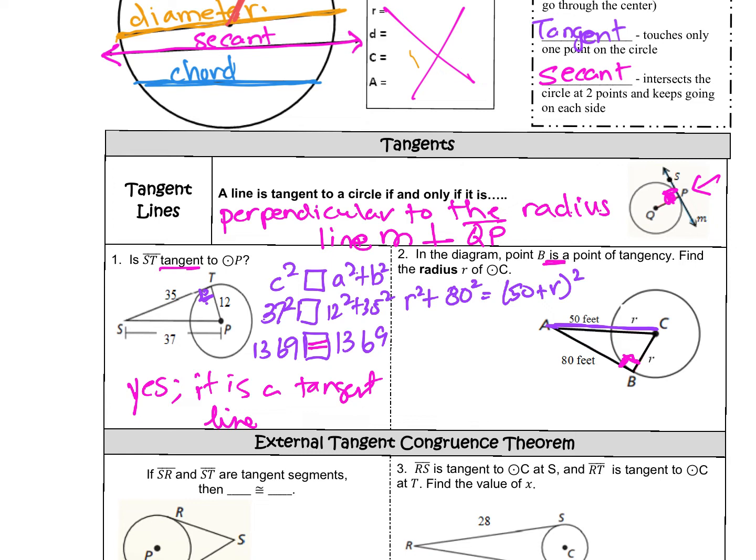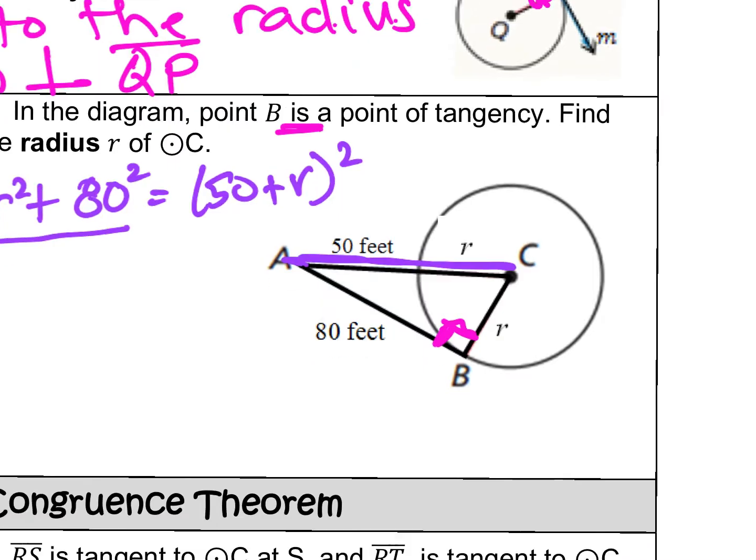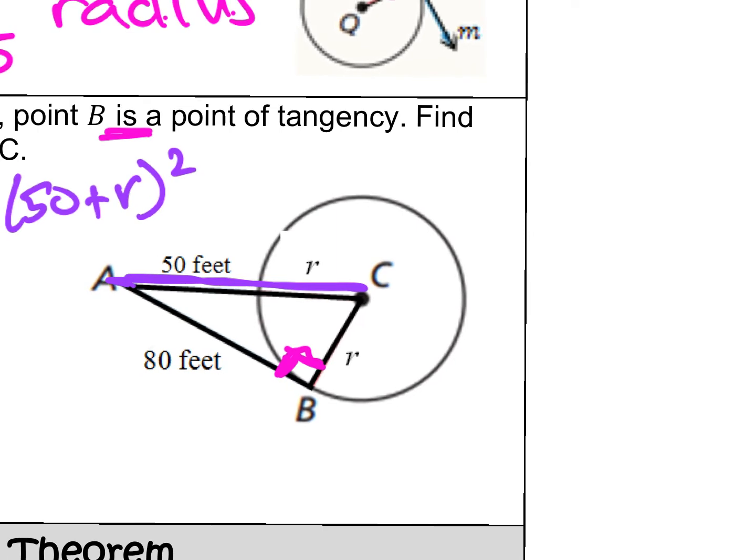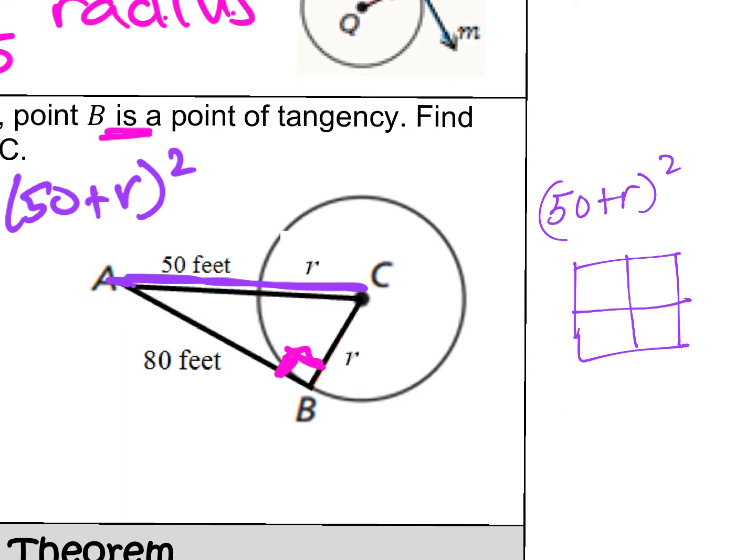So we can't combine anything on this side over here just yet. So let's look at this 50 plus r. I'm going to come over here on the side. Remember, you can do double distribute or you can do the box method, or FOIL, whichever way you choose. I'm going to go ahead and do the box method because it's very similar to what you did in science also.